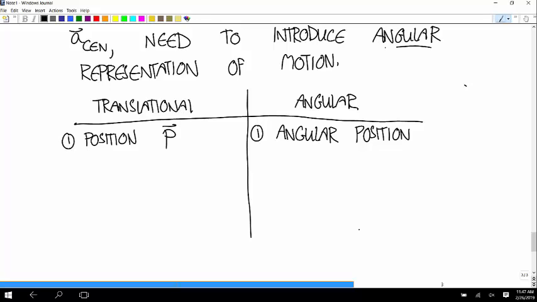And we'll represent that with theta. That's just what angle the thing is at compared to some reference angle. And I'll go through the definitions after this. The angular position is going to have units of radians.